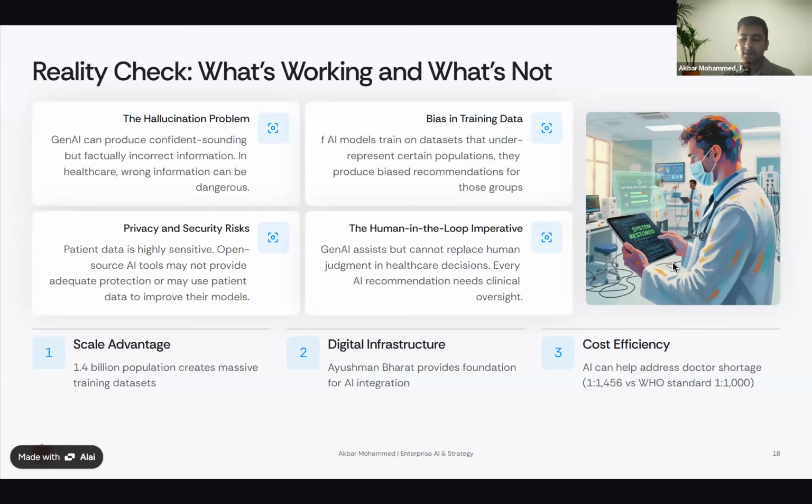Can the patient legally sue the doctor, or do they sue the medical device provider, or do they sue the person who created the algorithm? Who's actually responsible is not very clear. So today, most countries and organizations are leaning towards putting the imperative on the human more than on any digital entity. Okay, so those are some of the problems.